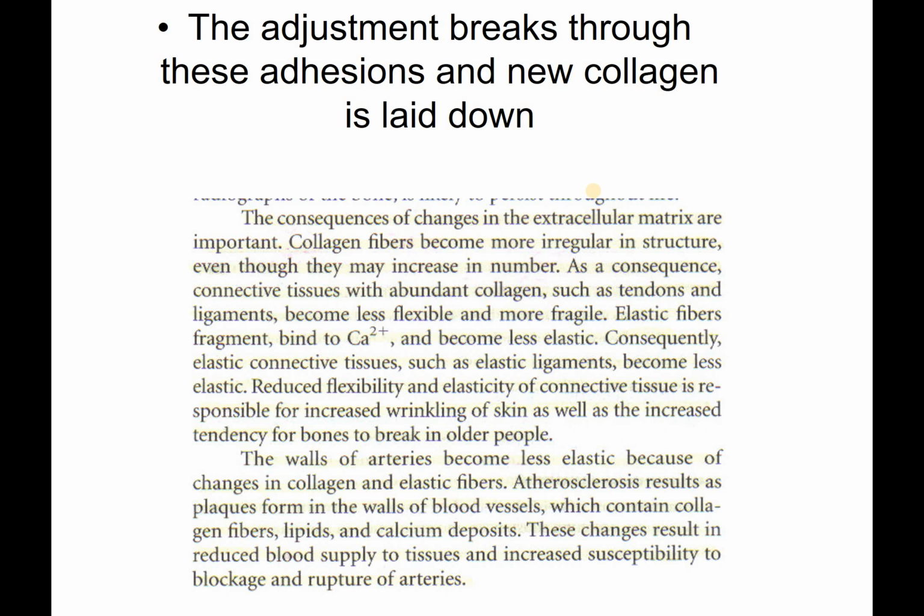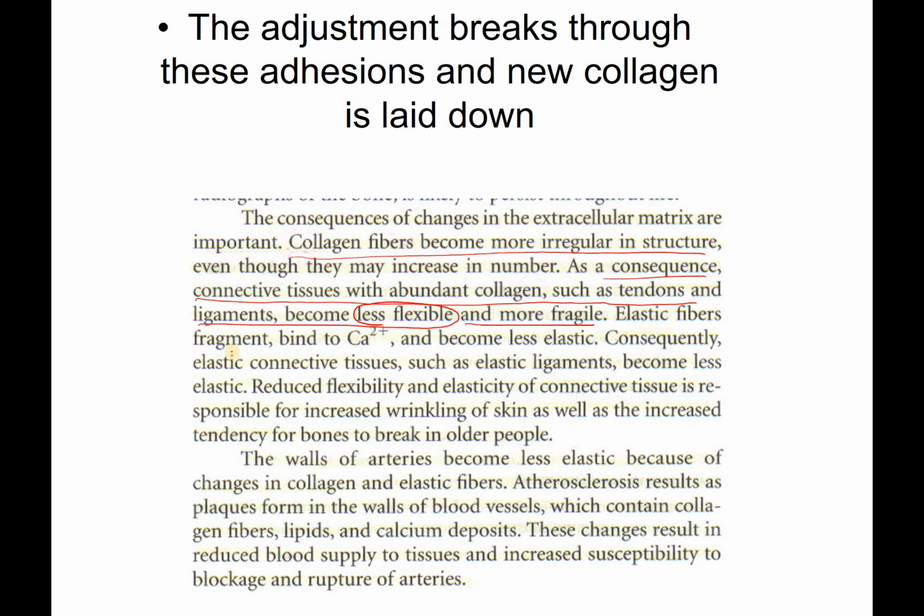Okay, this one just talks about how the adjustments and manipulations really help to break through the adhesions and lay down new collagen. And this statement here, collagen fibers become more irregular in structure. As a consequence, connective tissue with abundant collagen such as tendons and ligaments become less flexible, so you're starting to lose integrity, and more fragile, more susceptible to injury.